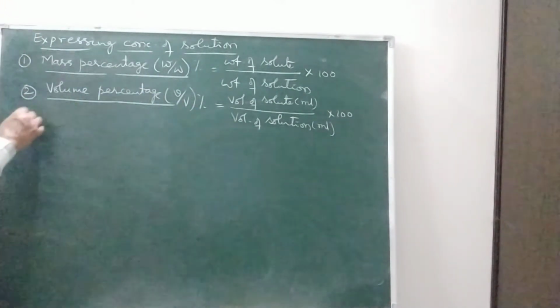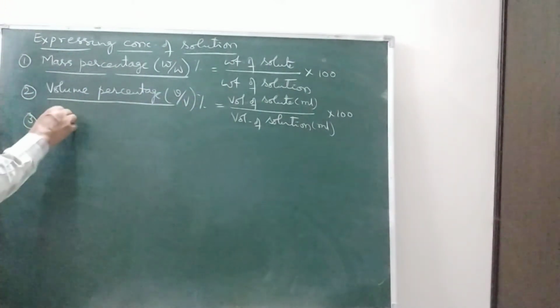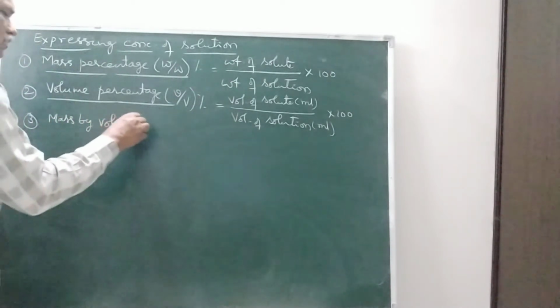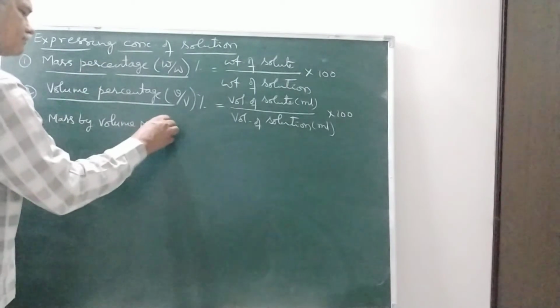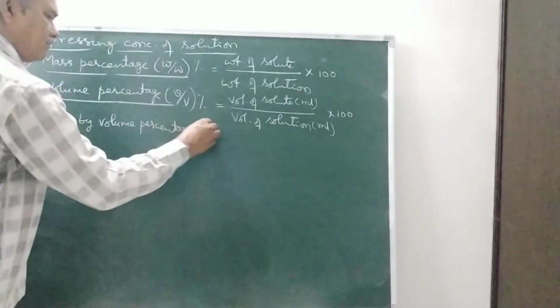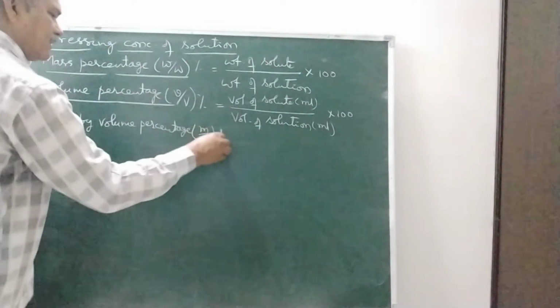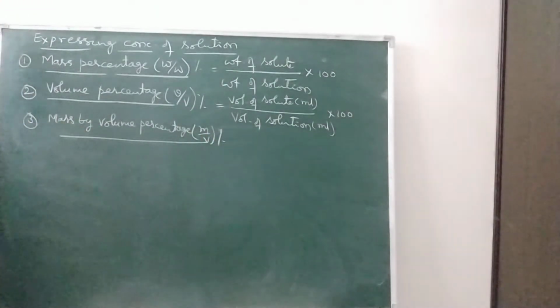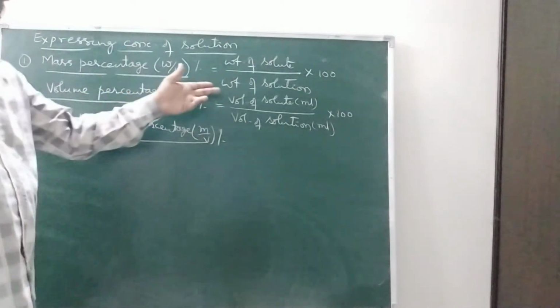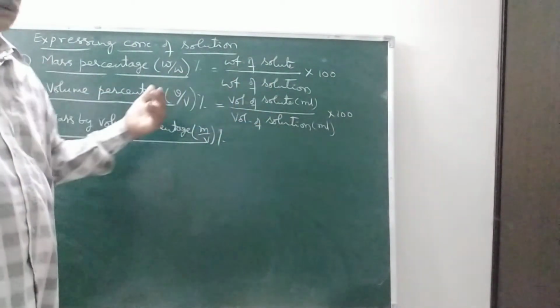Right. Third one, mass by volume percentage, or it is m by v percentage. Of course, volume percentage has no units, because ml cancel out, right?